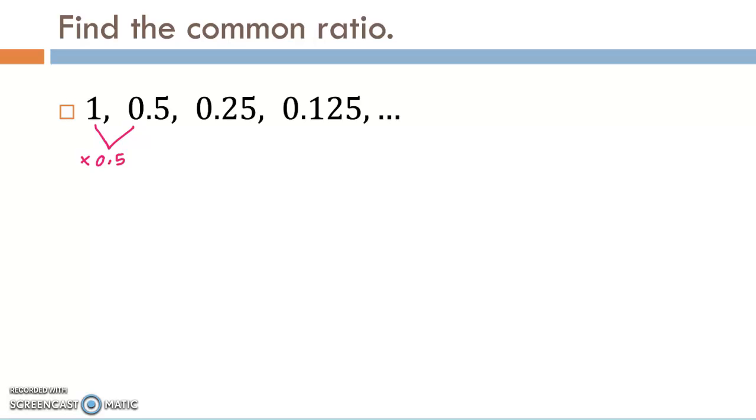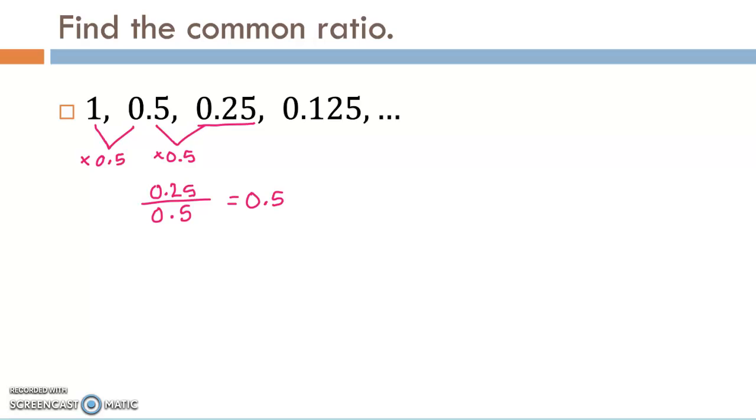That one might not be as obvious for some people, but what we can do is take this third term and divide by the term before it, which is 0.5. And when we do that, we still get 0.5. So the common ratio, the ratio between these two numbers, is 0.5. So we're multiplying by 0.5.